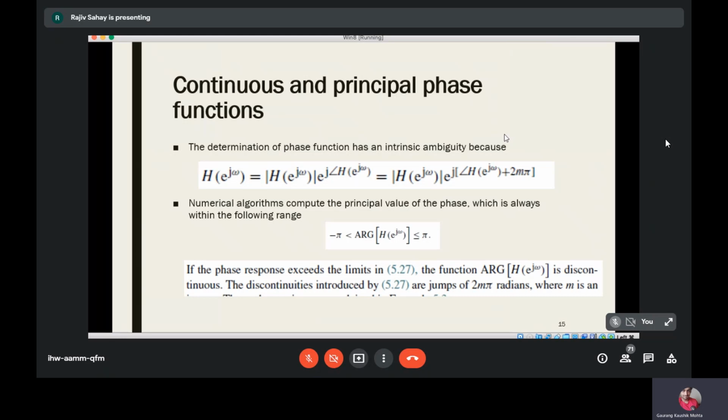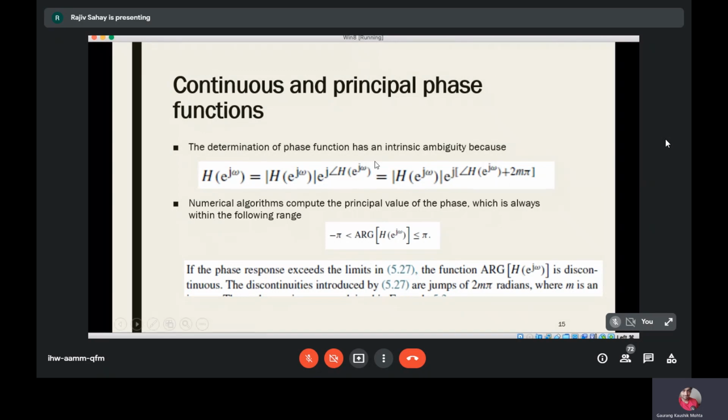So now let us move into today's part. We talk about phase functions. Phase functions have an ambiguity associated with them because of this particular equation.